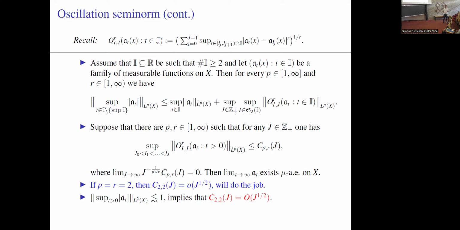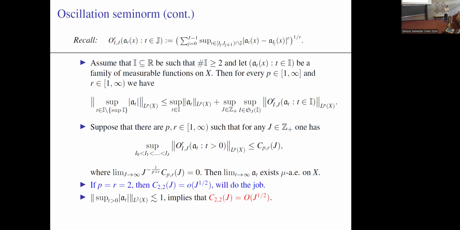Usually we'll be dealing with averaging operators, so they are contractions, and this will be just a constant. And here we have our oscillation seminorm. So what happens is that we have this sequence I. We compute the oscillation seminorm for this sequence I. Then we compute the L^p norm for the operator.